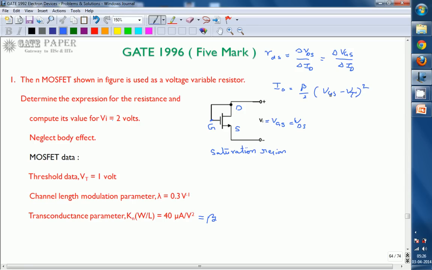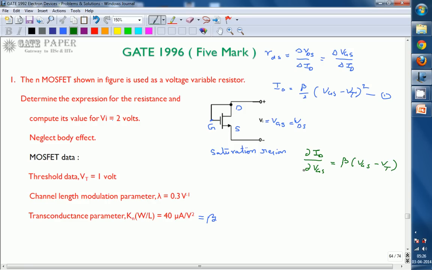This is the drain current equation in saturation region, equation 1. Differentiate it with respect to VGS. What you get is dou ID divided by dou VGS is equal to 2 times beta by 2 into (VGS minus VT). The 2 cancels, so you get beta times (VGS minus VT).